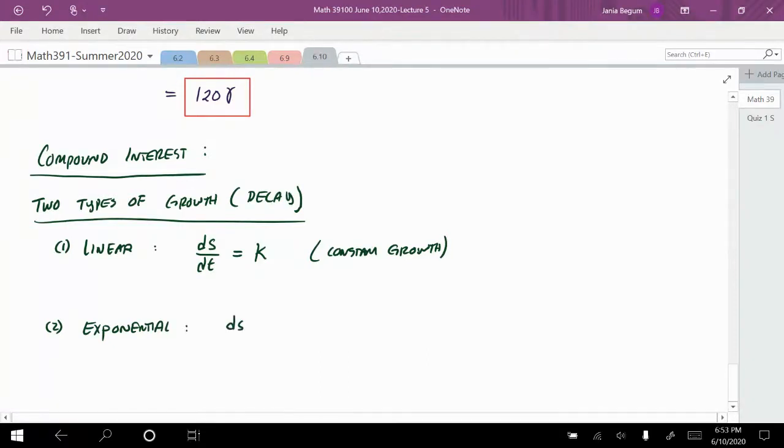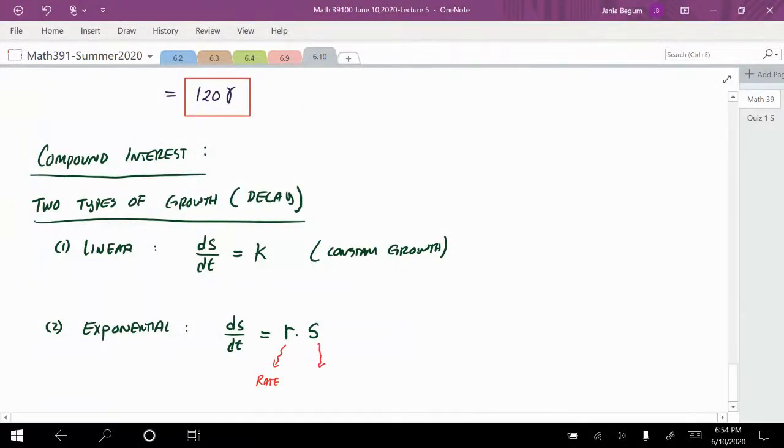That would be the rate ds/dt equal to r times s. Let me explain what this means. r represents the rate. It could be an interest rate. If you borrow money from someone, they charge you some interest, so r will be that interest factor.